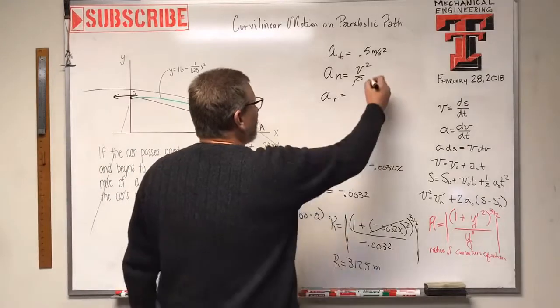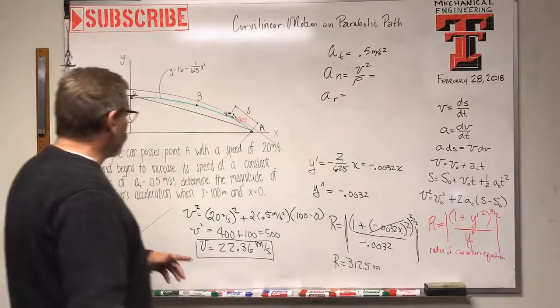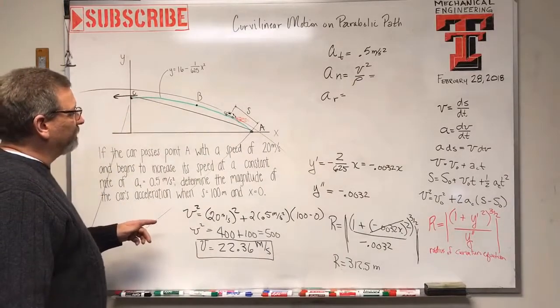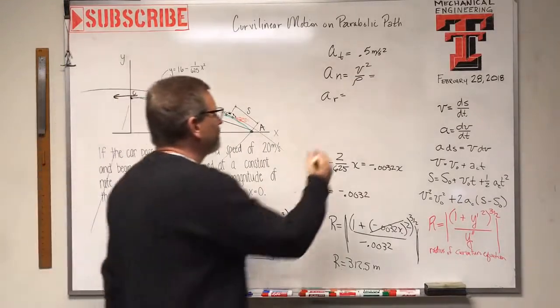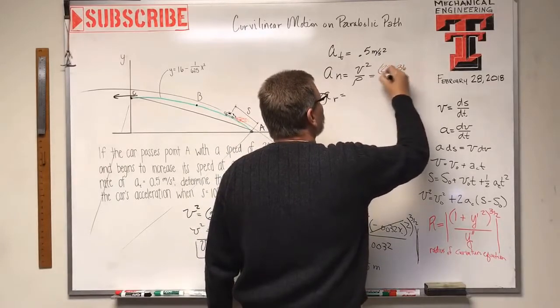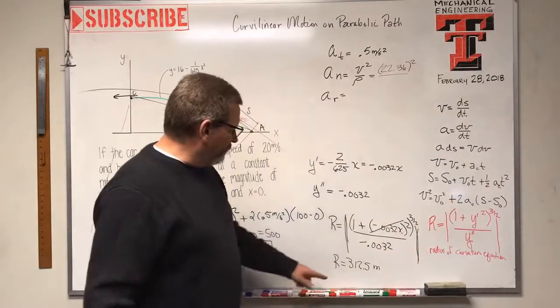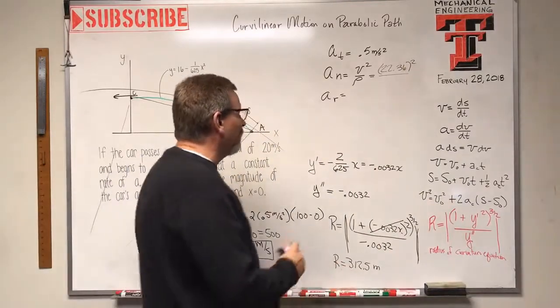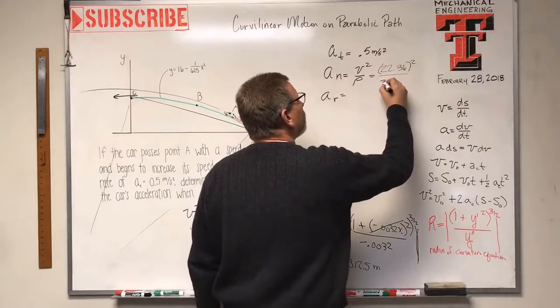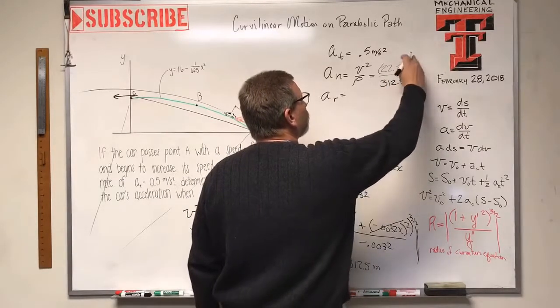So let's go back up here and see if we can get the normal acceleration. Normal is v squared, which is 22.36 squared, divided by the radius of curvature, which is 312.5. This one's meters, that one's meters per second, right?